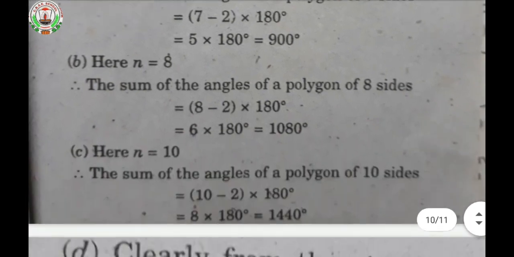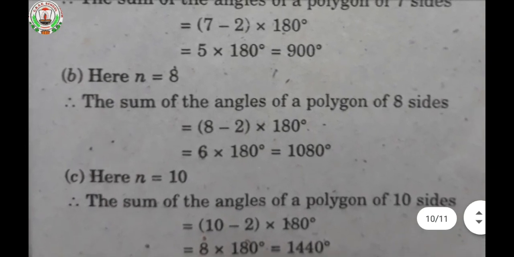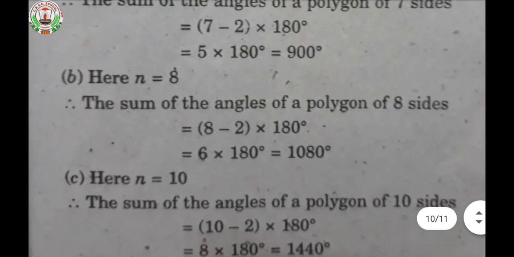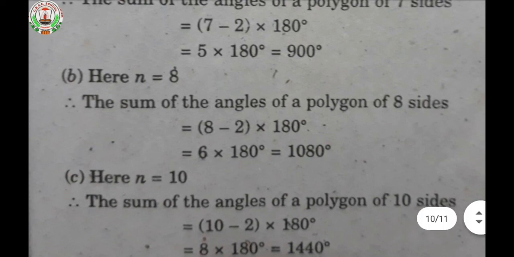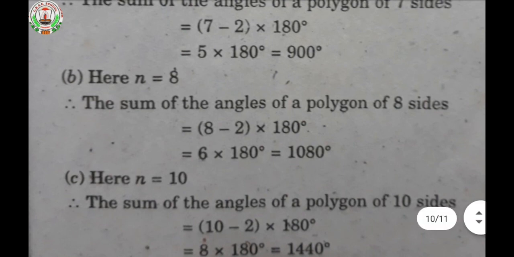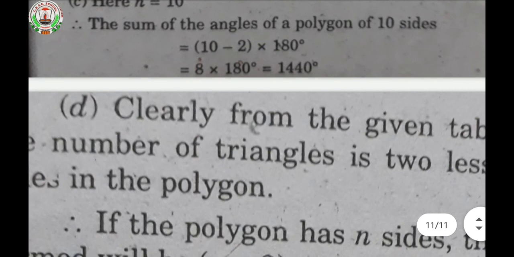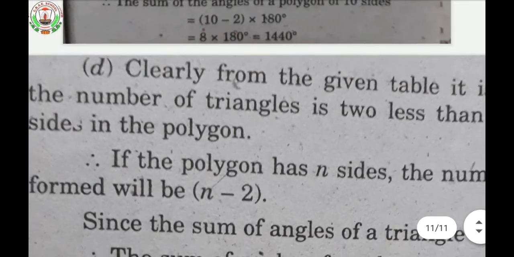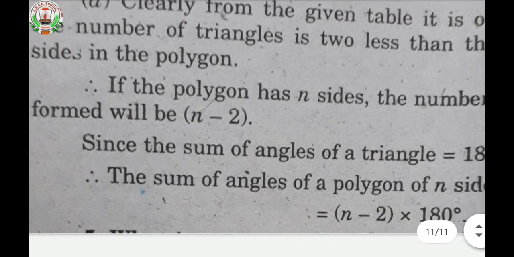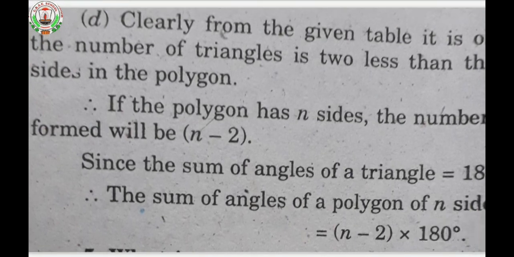Then part C. The number of sides is equal to 10. So 10 minus 2 into 180 degrees. 10 minus 2 is 8, and 8 into 180 degrees is equal to 1440. Understood everyone? Next, question number 4 part D. When the number of sides is n, the formula will come as (n minus 2) into 180 degrees.